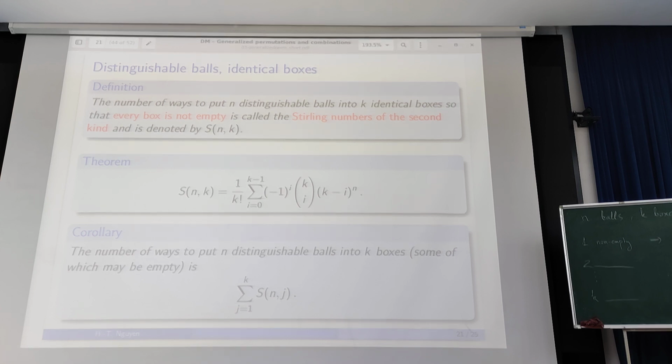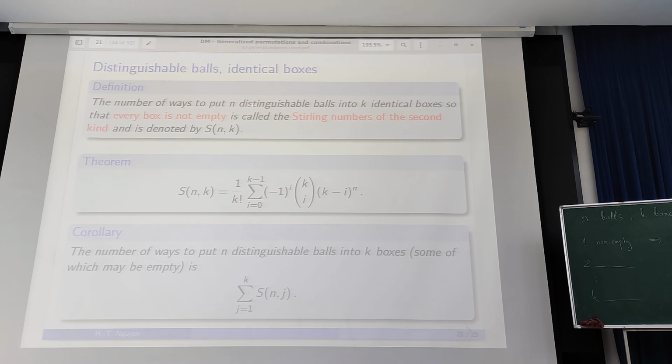So what is N and K here? Okay, so we decide to apply this more general formula. So what is N and what is K? Is N the number of people or the number of offices?